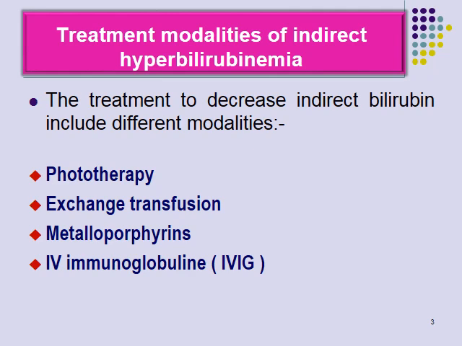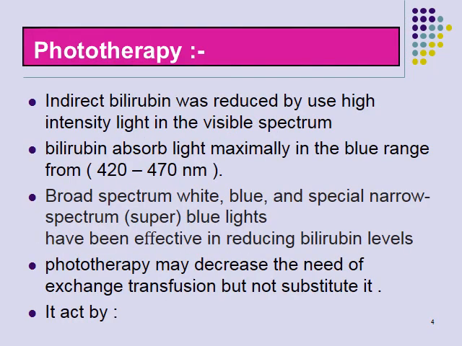Treatment modalities include phototherapy, exchange transfusion, and in some situations metalloporphyrin and IVIG, as in isoimmune hemolytic anemia. Now, phototherapy.